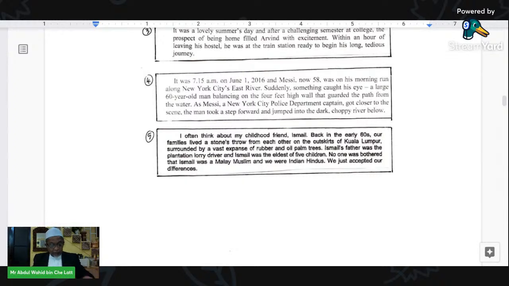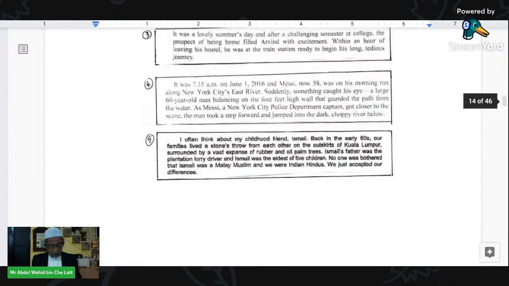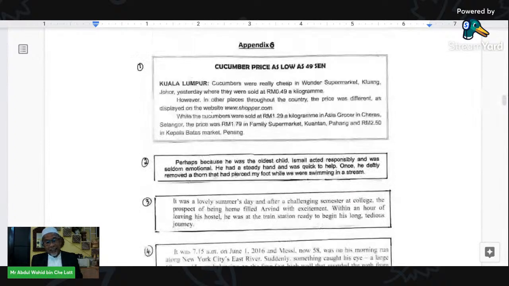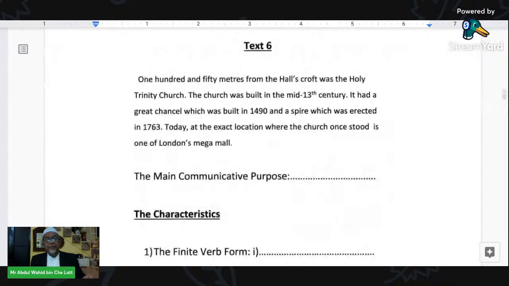Okay, ladies and gentlemen, text 6 represents the sixth main communicative purpose, that is narrative description. Alright, let us look at text 7, the last text.